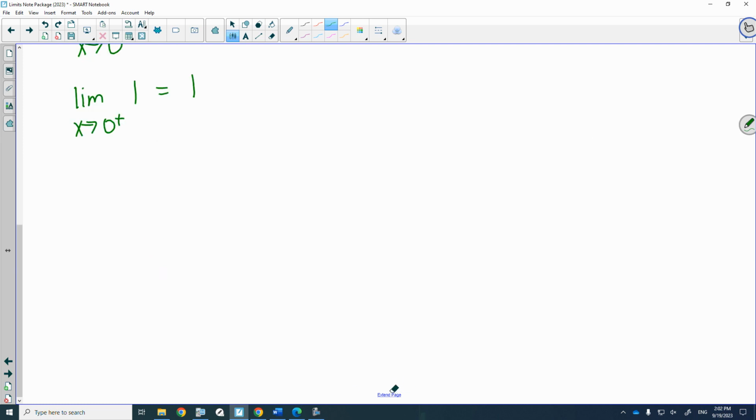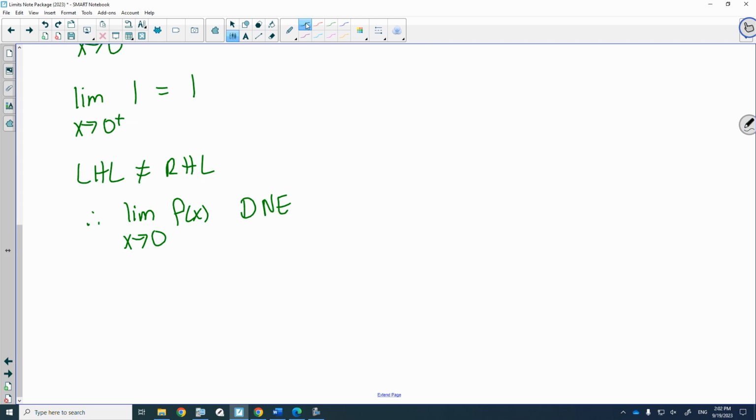So I just got to say the left-hand limit does not equal the right-hand limit. Therefore, the limit as x approaches 0 of my function does not exist. I don't need to go on to step 3.